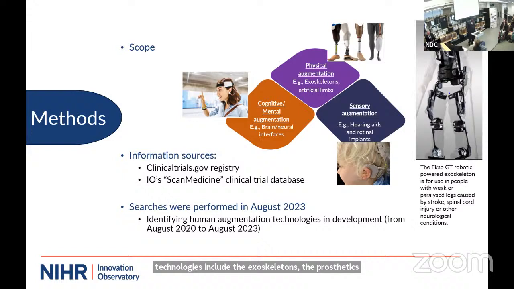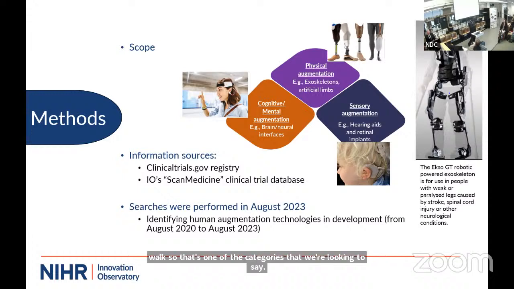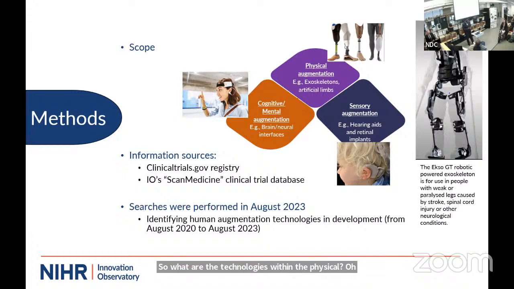As well as being devices used to retrain a disabled or injured person to walk, exoskeletons are sometimes used to enable paralyzed people to stand and walk. So that's one of the categories, to see what the technologies are within physical augmentation.